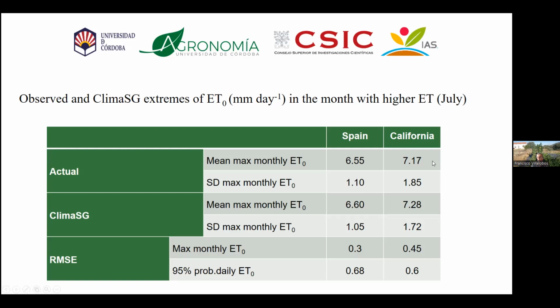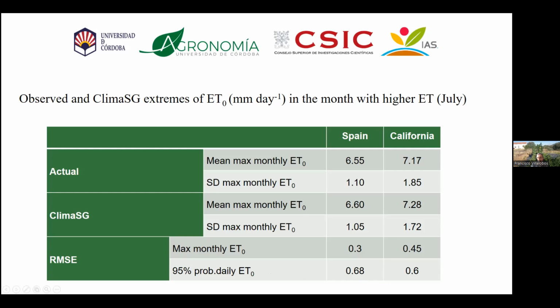So we not only could reproduce the averages, which would be a minimum condition, but we could also reproduce the standard deviations of ETO in the months of higher demand. The root mean square error for the ETO in the month of July were very low, 0.3, 0.45 for Spain and California, and for the 95% probability level for daily ETO, 0.68 and 0.6.